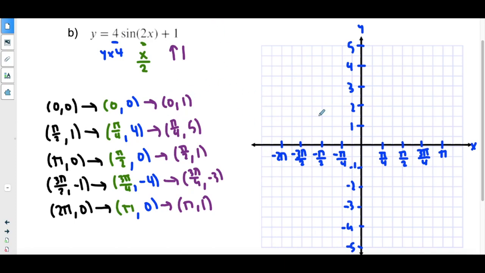I'm going to plot the points 0, 1, pi over 4, 5, pi over 2, 1, 3 pi over 4, negative 3, pi, 1.